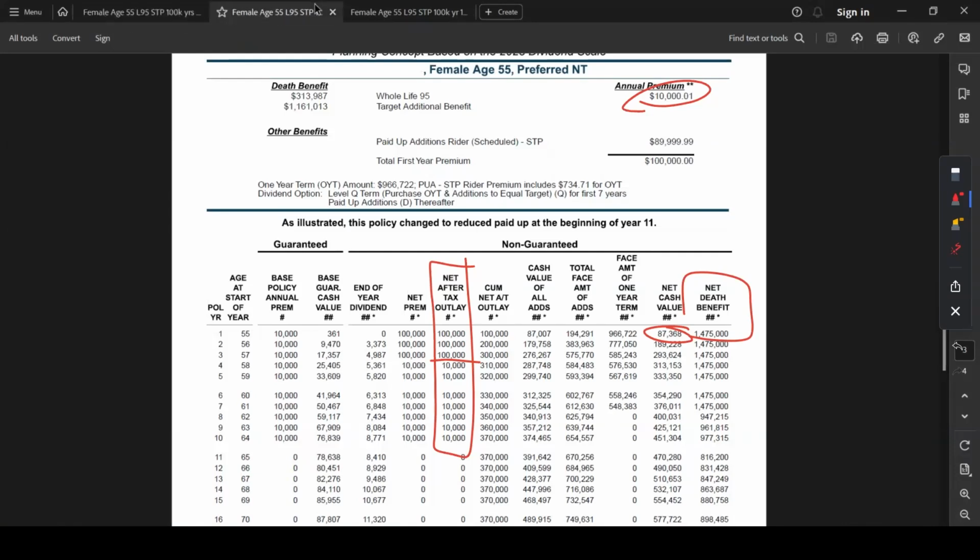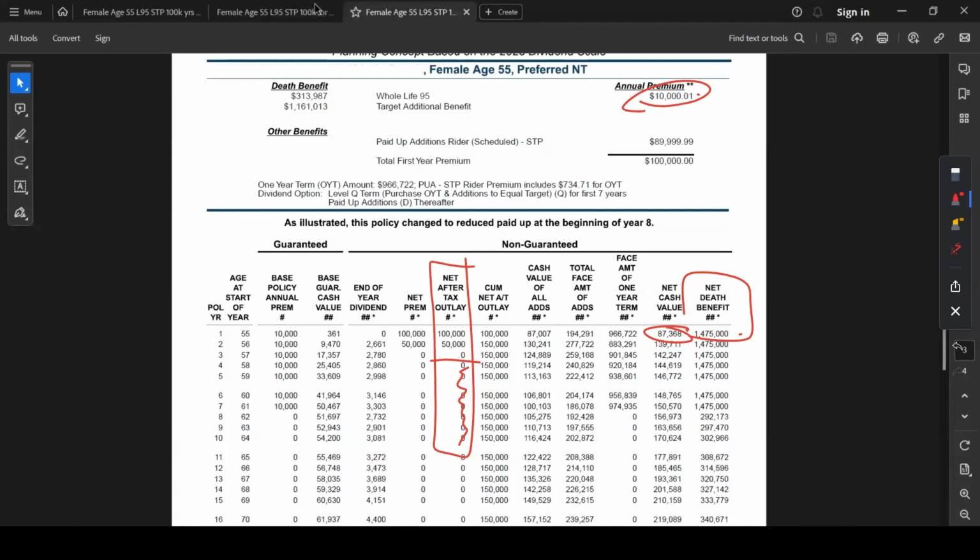What do you notice? Same markers on the board. No more funding. Death benefit's the same. First year cash value is the same. Premium is the same. Keep your eyes on those same areas in red. What do you notice? First year cash value the same. Death benefit the same.